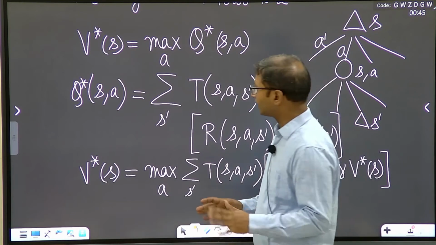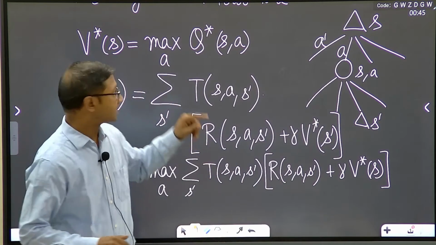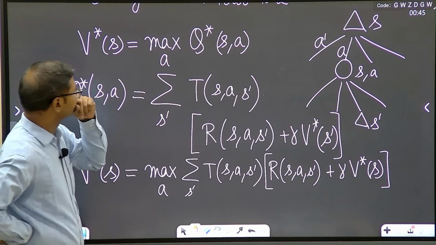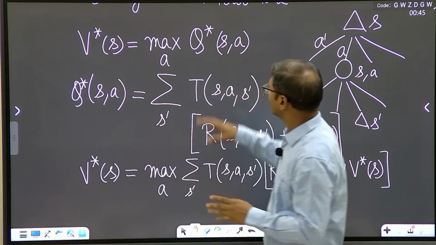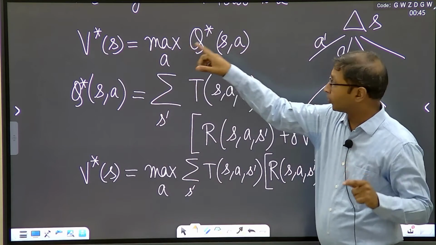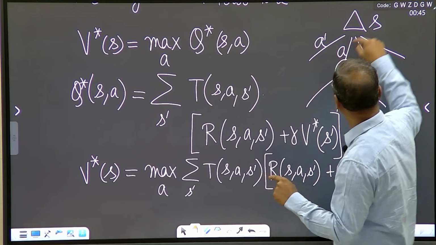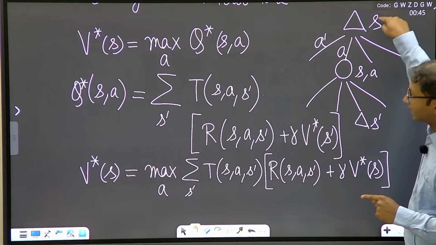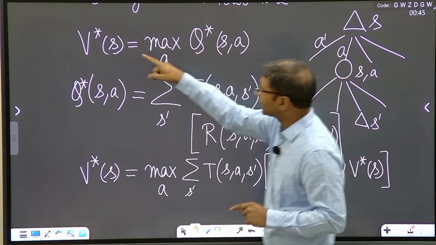Just trying to remind what we already know. You have a set of actions to take from state S. Which one do you take as V star?